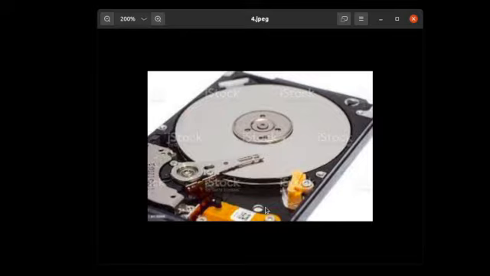The HDD has moving parts, and the moving parts are the magnetic disk and also the laser. The laser reads the information from the magnetic disk, and the magnetic disks always rotate. So all information is held on those magnetic disks.